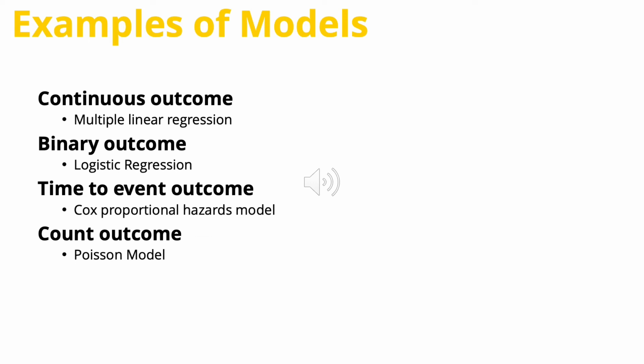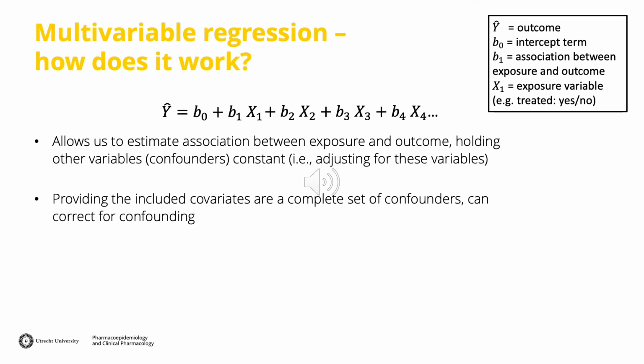Just know that you calculate the adjusted measures of association as a result of all these models, which are interpreted in essentially the same way as one another, and in the same way as we would interpret our crude risk ratios or crude rate ratios from the 2x2 tables that we worked on in the earlier measures of effect lecture.